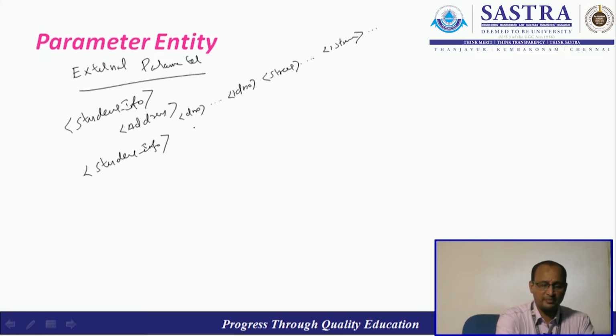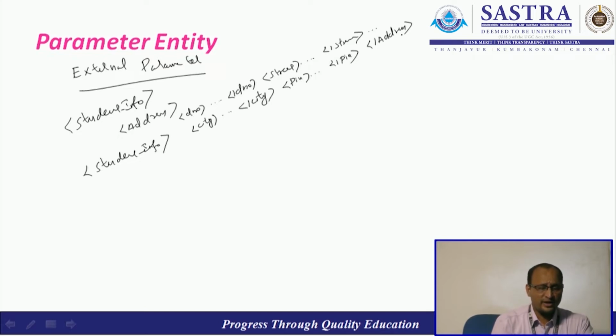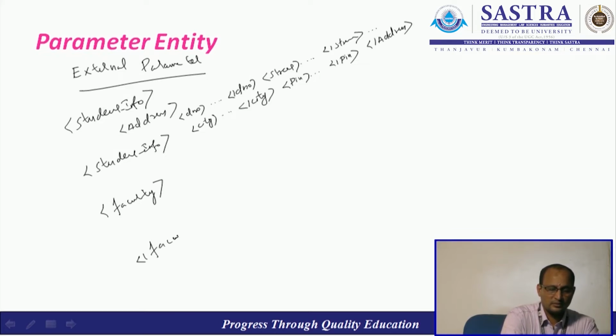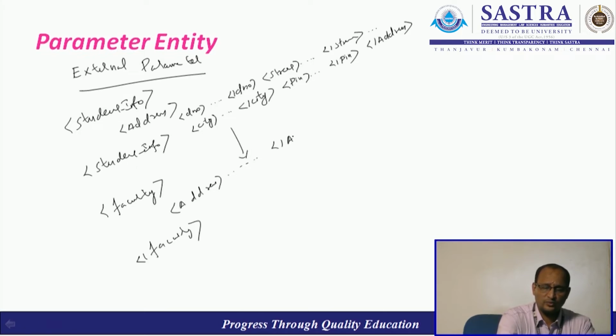Door number, street, city, pin, and pin. And address has been closed properly. In the same way, faculty is also having address with the same details that are given for the faculty also.